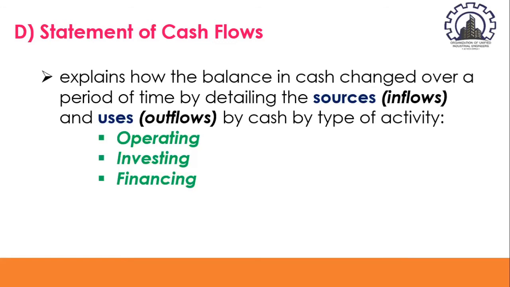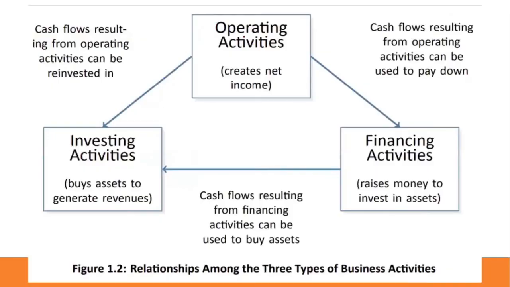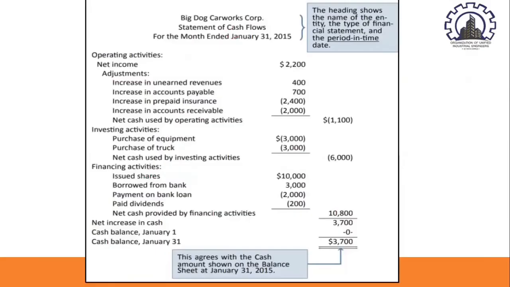Now, as you can see in figure 1.2, it summarizes the interrelationship among the three types of business activities. We have the operating, the investing, and the financing activities, respectively. This is an example of the statement of cash flows of Big Dog Car Works Corporation.